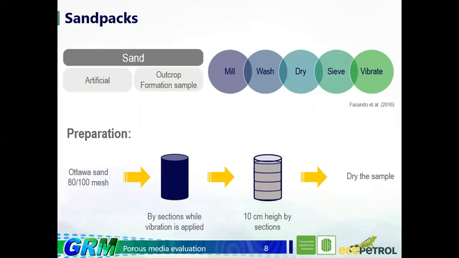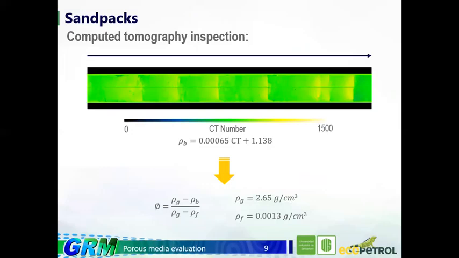Once a section reached the top, for example, each section could be a height of 10 centimeters, we passed a current of dry air through the sample for the drying process.